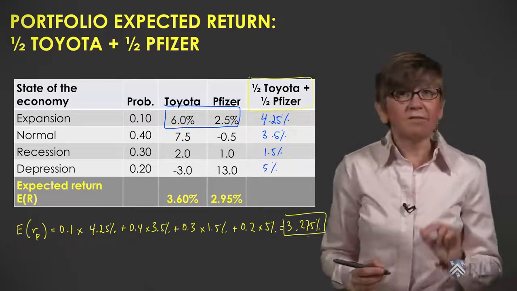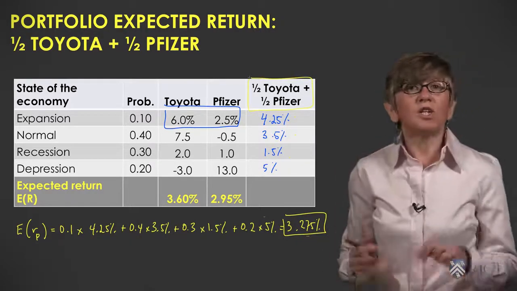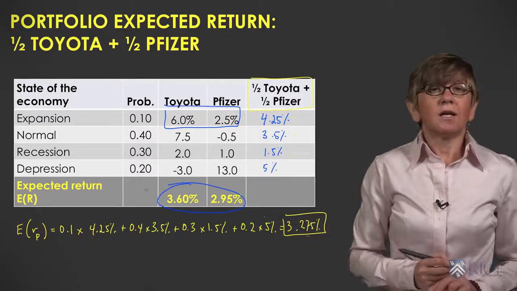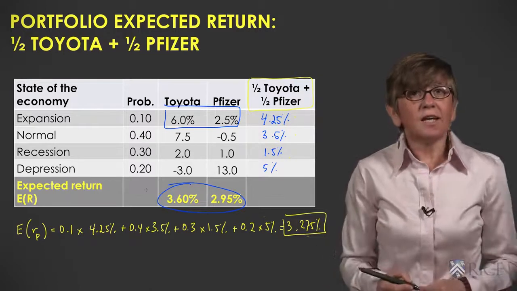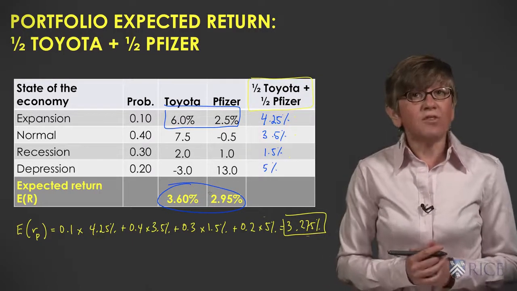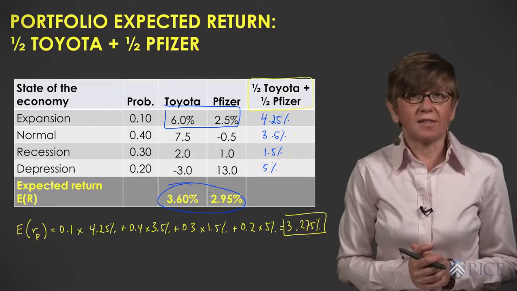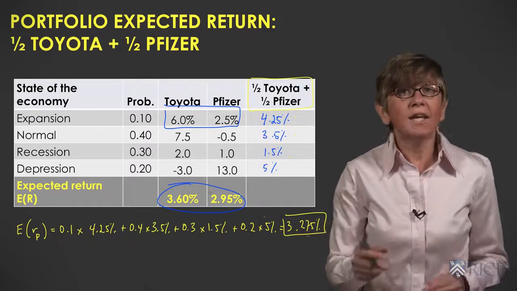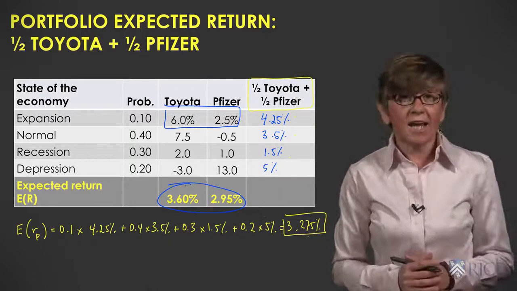Now, alternatively, notice that we could have also found the expected return by taking the average of the expected returns of the individual assets. We could have found the expected return on this portfolio as the weighted average of the expected return on each asset.